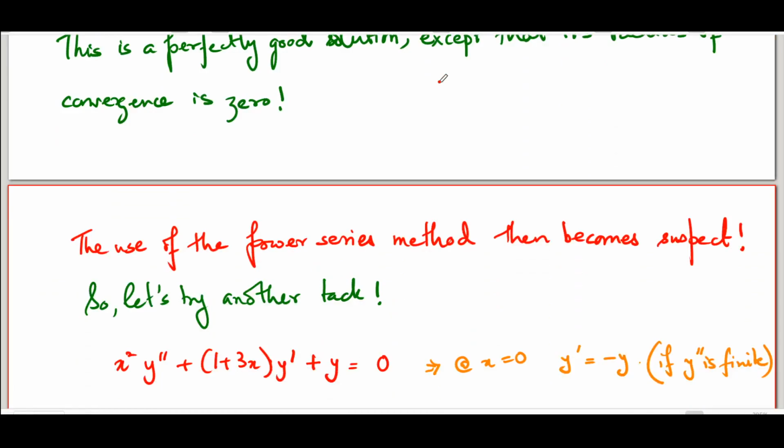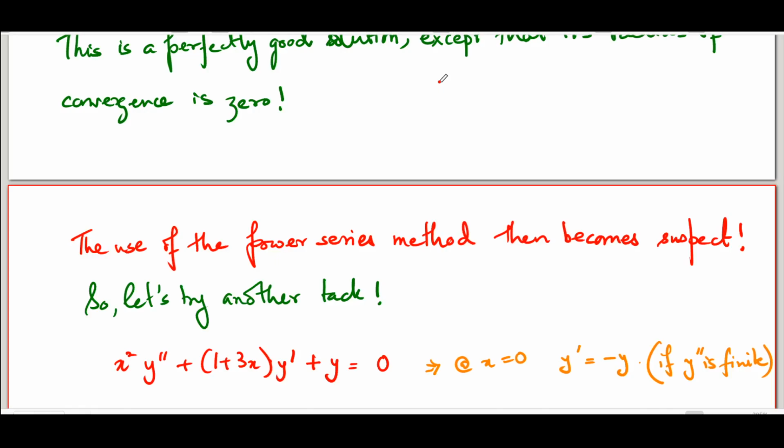So this is the second tack that we are using. The first thing you realize is that because x equal to 0 is a singular point, and that happens at all singular points, the derivative and the value of the function are not really independent of each other. After all, for a second order differential equation, the equation should usually be able to give you the second order derivative directly from the equation itself, given y and y prime.